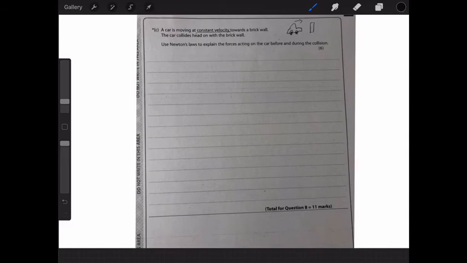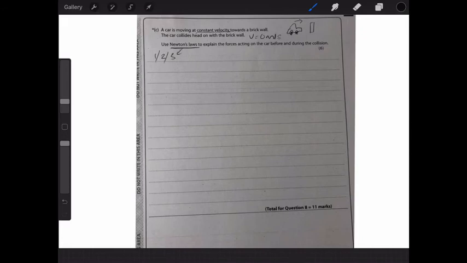So it was moving at a constant velocity, and then it crashes into the wall, and then it will stop moving. The velocity will become 0 meters per second because it will collide into the wall and stop. I've got to use Newton's laws. Now Newton has 3 laws, 1, 2 and 3, so I might want to build those in.